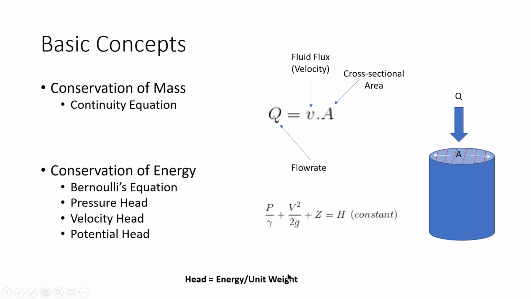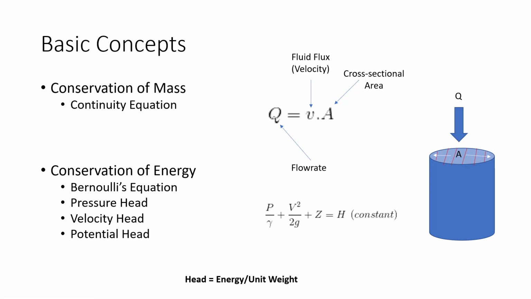As a refresher, hydraulic head is equal to energy over unit weight. So the total head at any given point in a pipe is a constant, and that's the basic Bernoulli's equation.